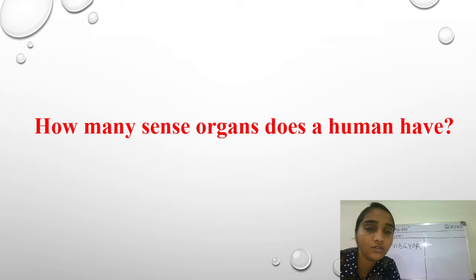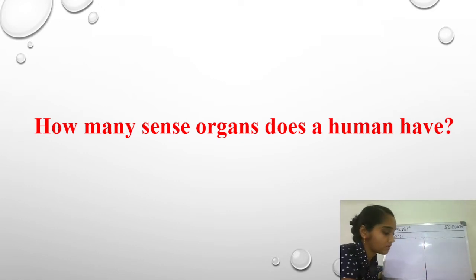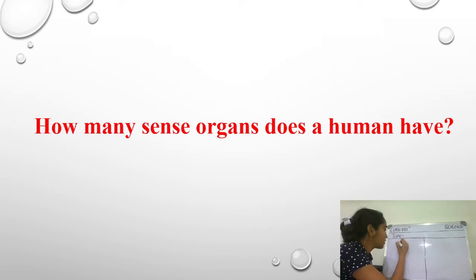Now, if I ask you how many sense organs does a human have? You must be aware of the basic five sense organs, right? You can write it in the comment section. Which are those organs? Yes, you must be saying ear, skin, tongue, which is responsible for taste, right?